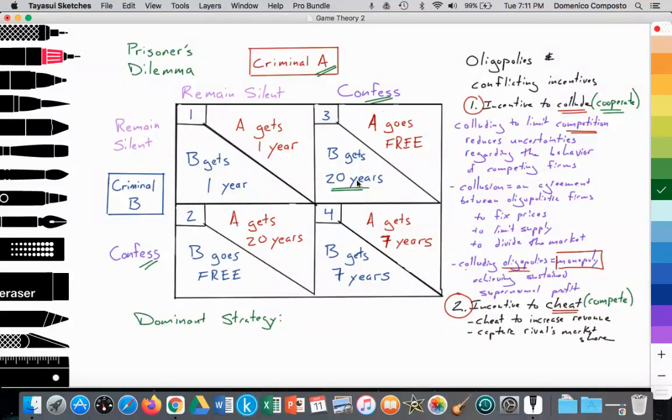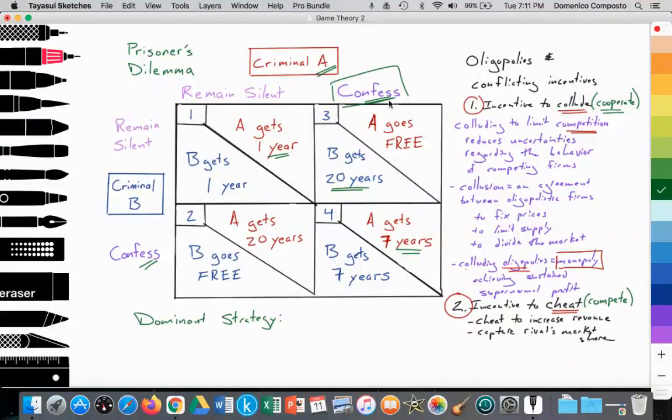If they confess, they avoid the 20 years of prison, and if both confess, then they only get 7 years of prison as opposed to 20. The ideal would be to get 1 year, but you're not sure if you're going to get that 1 year if your partner in crime confesses against you. So the dominant strategy for both would be to confess, and the police know this.